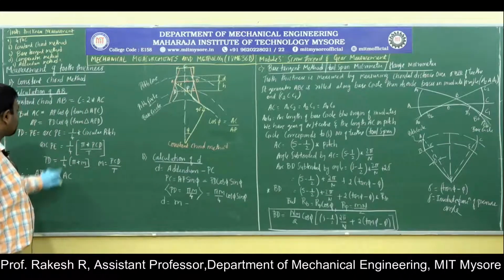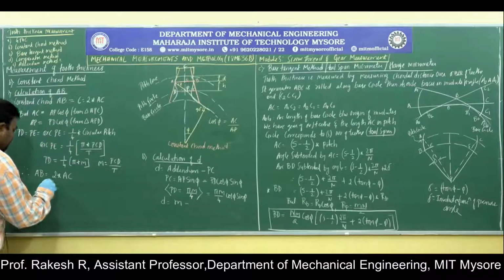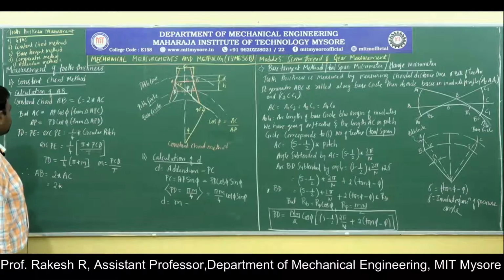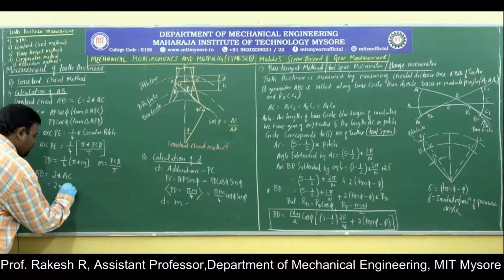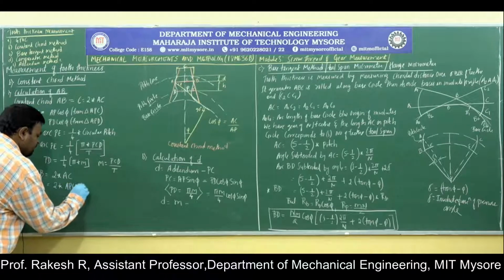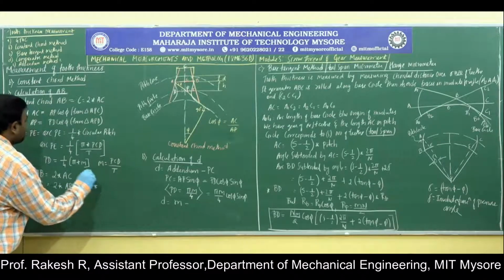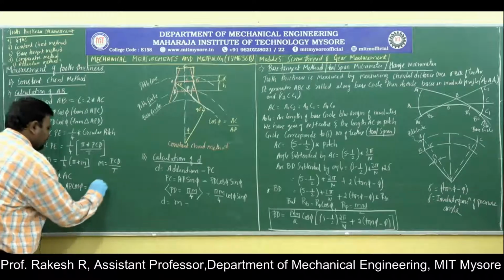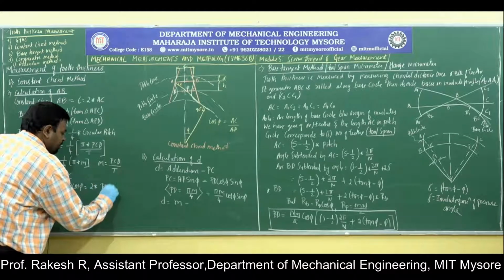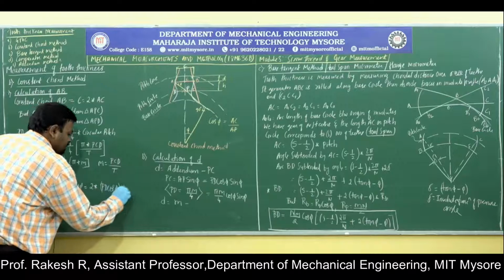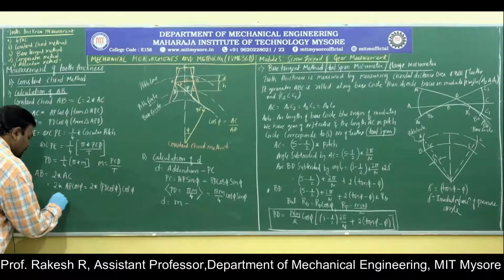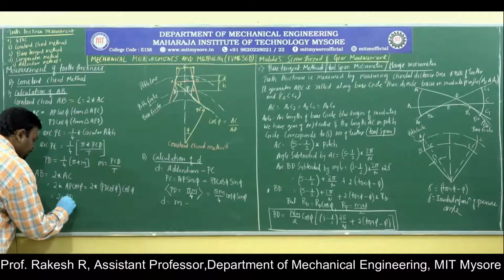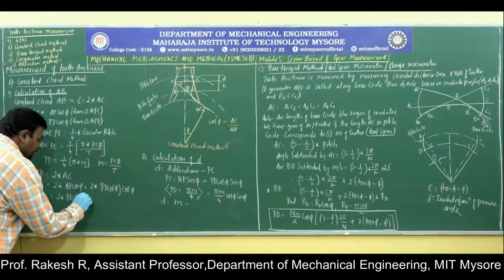And then AB is equal to 2 into AC. Substitute the values. 2 into what is AC? AC is AP into cos phi. What is AP? AP into cos phi. Then 2 into what is AP? AP is nothing but PD into cos phi. PD into cos phi. Again there is a cos phi, so this will get multiplied. It will be 2 into PD into cos square phi.